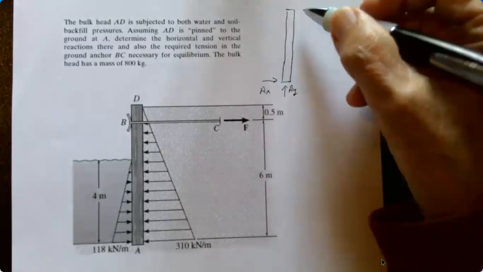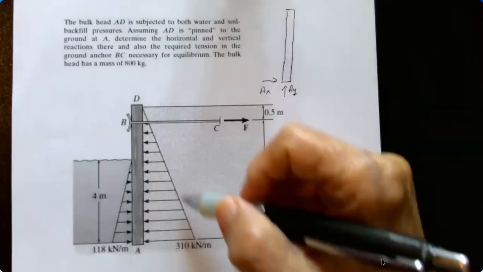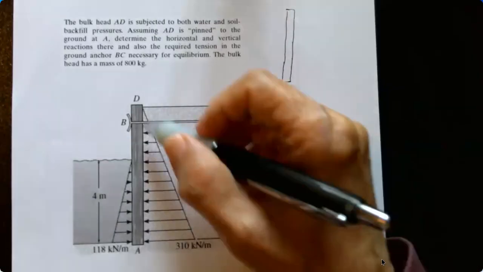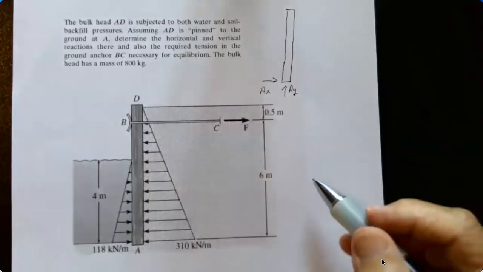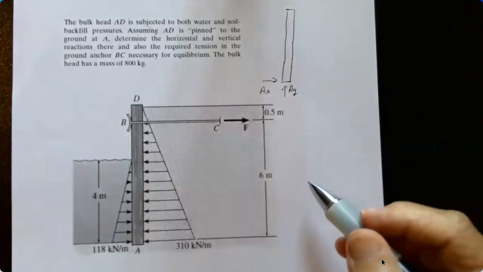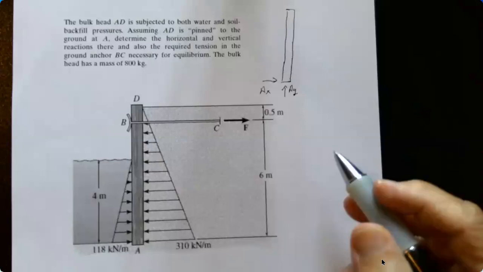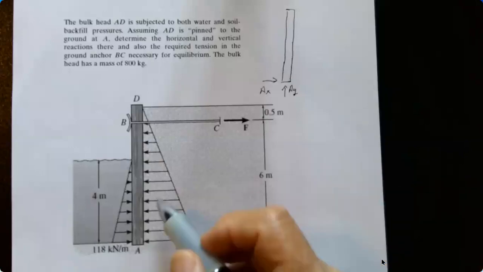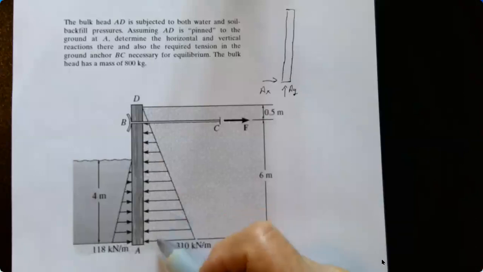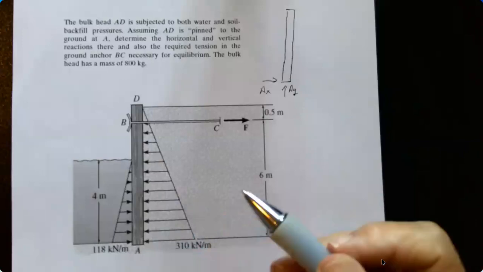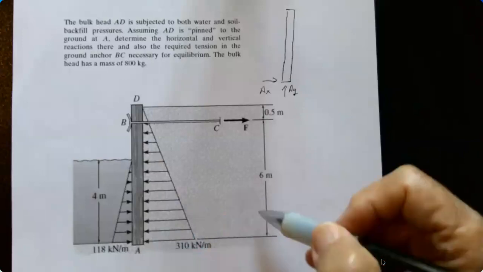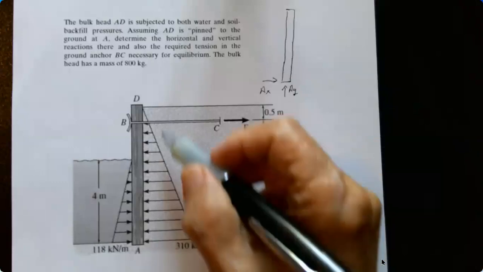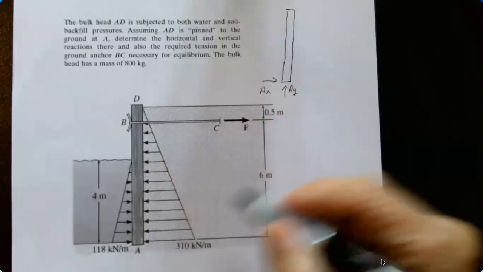You have a force here. It's a triangular load. Okay, so the triangular load is going to be 1/2 base times height. And it'll be acting 1/3 the distance up here. Okay, total height is 6.5 meters, so it's 1/3 up or 2/3 down.